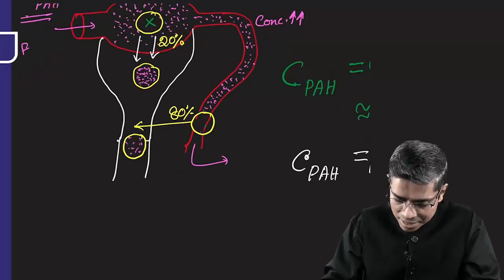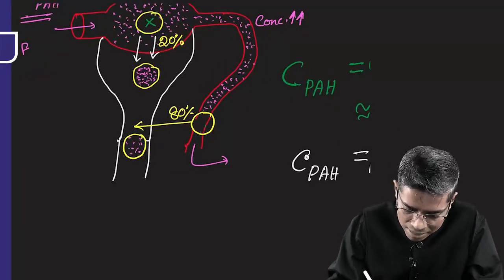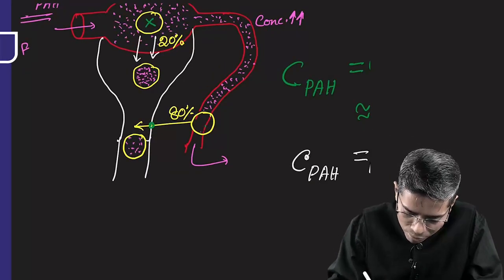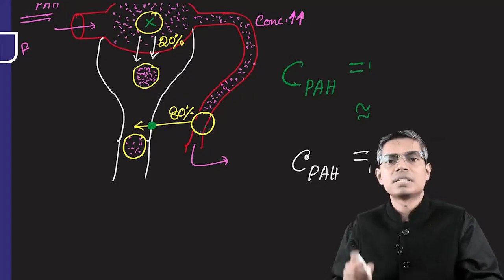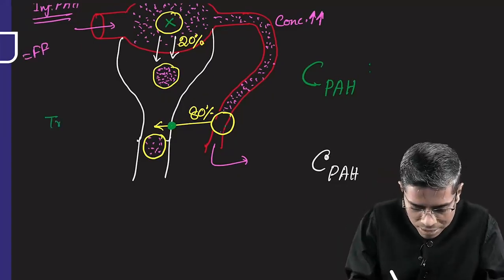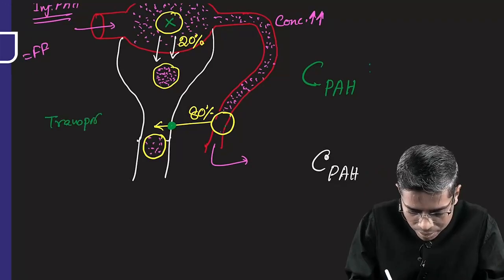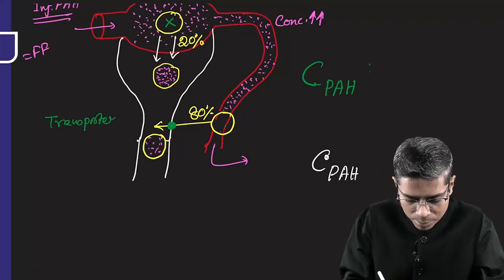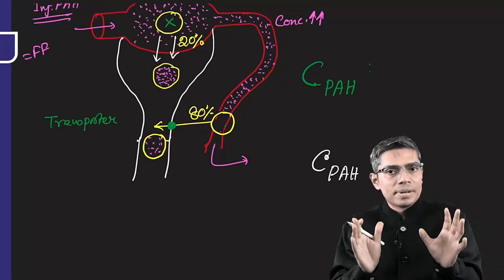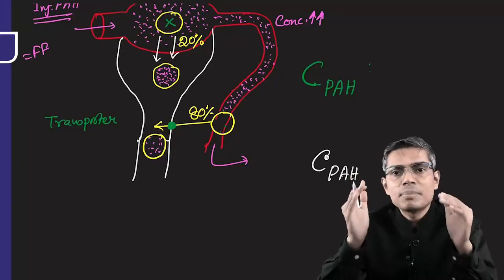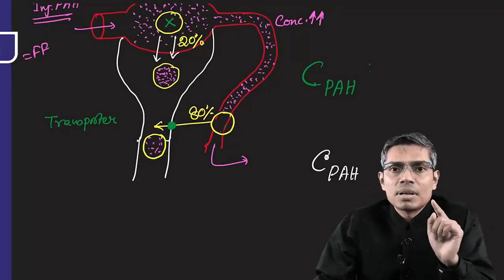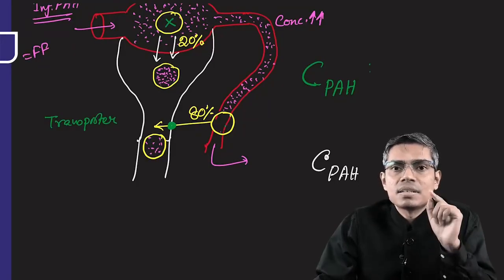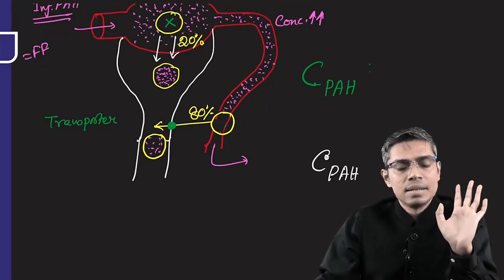Because the secretion of PAH at the proximal convoluted tubule is mediated by certain carrier proteins, certain transporter proteins. Whenever any secretion is mediated by a carrier or transporter protein, it follows a particular kinetics, known as saturation kinetics.